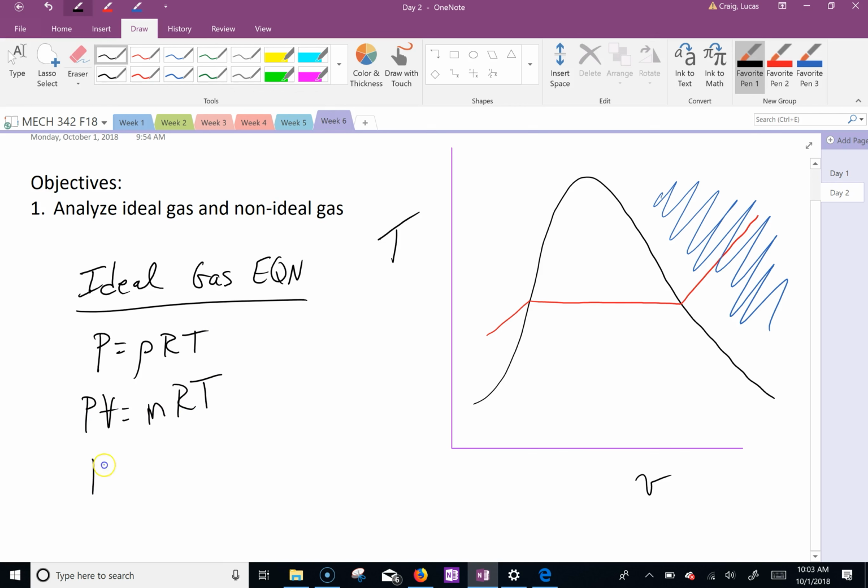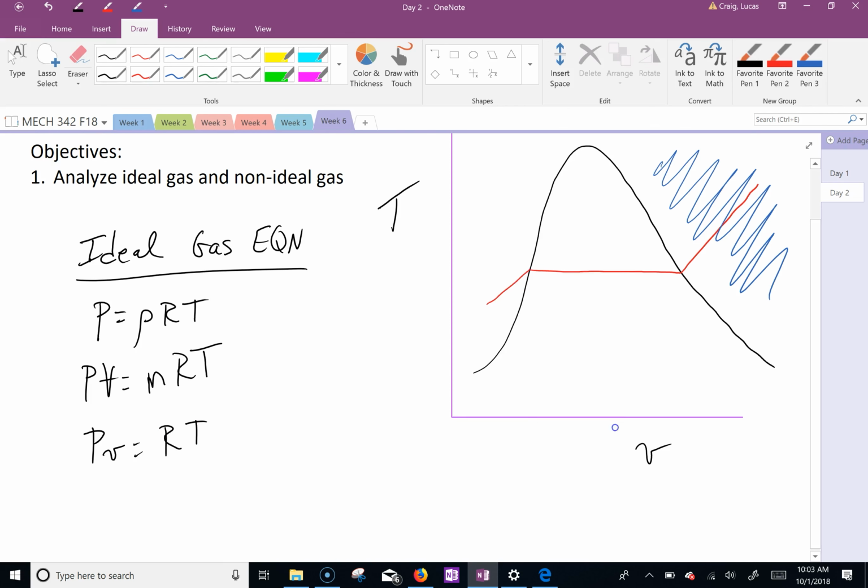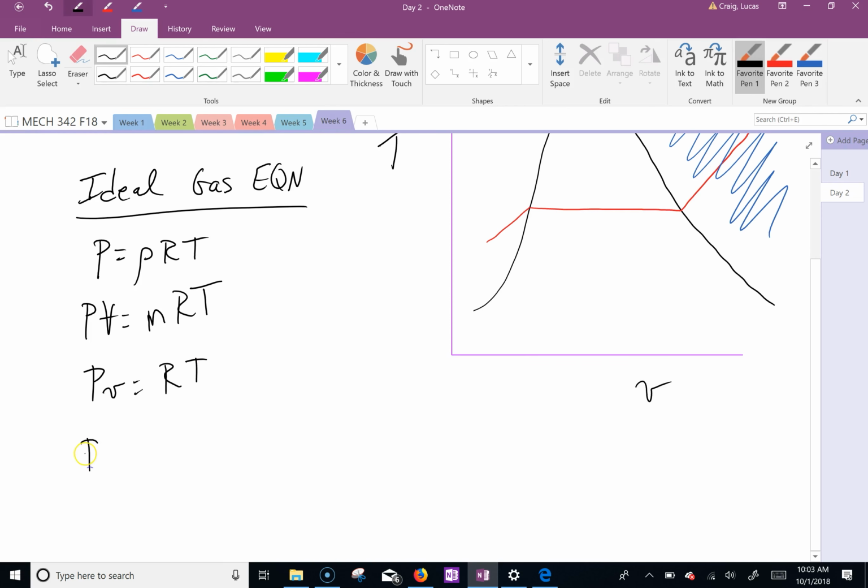Then we've got P little v equals RT. And then PV equals n R_u T. This is the number of moles, and this is a universal constant. Just give you the number.